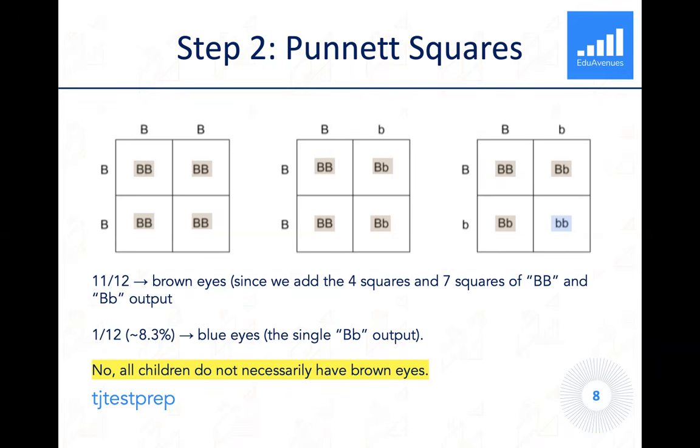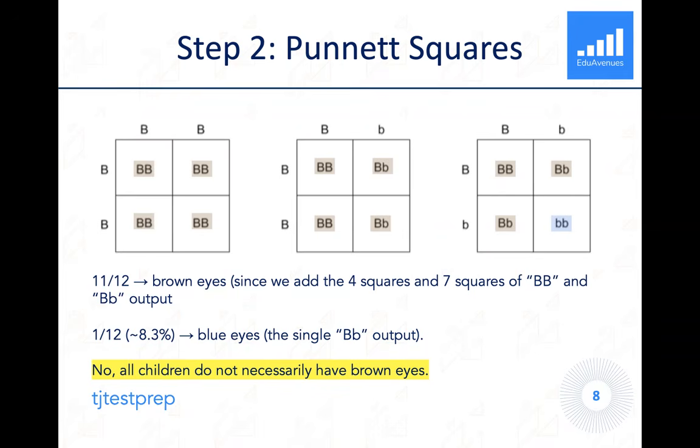And for blue eyes, we can see that there's only 1 square over here with the lowercase b genotype, indicating blue eyes. So the probability of children getting blue eyes is 1 out of 12, or an 8.3% chance. This clearly answers our first question, that all offspring do not necessarily have brown eyes. It's very possible that a fraction of them have blue eyes. And in the long run, this would be about 1 out of 12, or 8.3% of offspring.